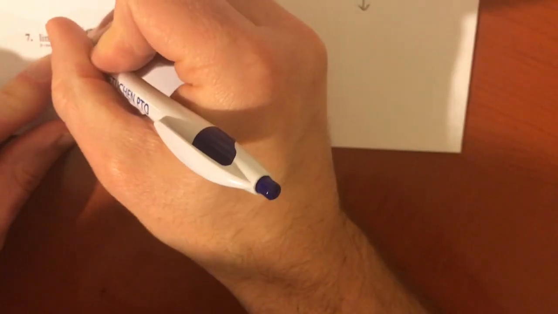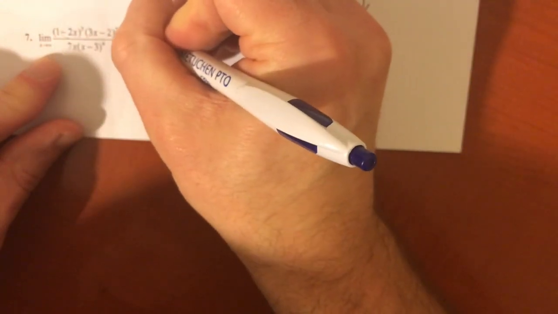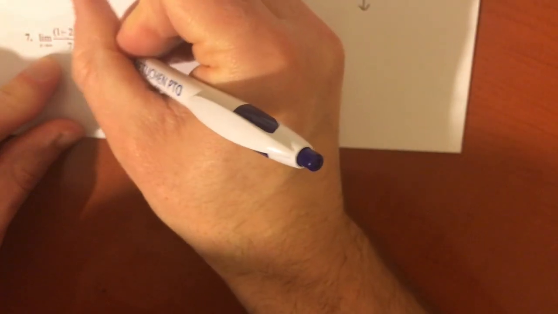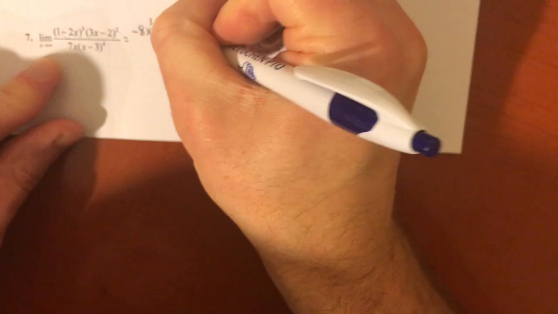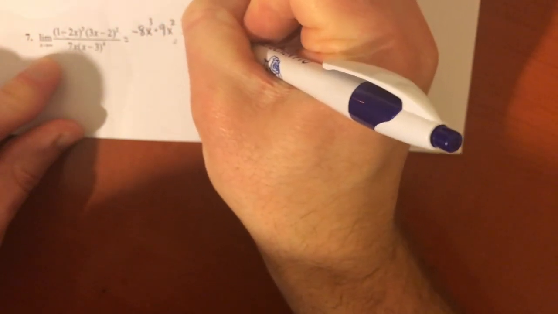So take some time and think about what those leading coefficients would be. That would be negative 2x to the third, and when you cube that, you would get negative 8x to the third, times the leading term from this binomial would be 9x squared, and that would give you negative 72x to the fifth. And of course there'd be a bunch of other terms.